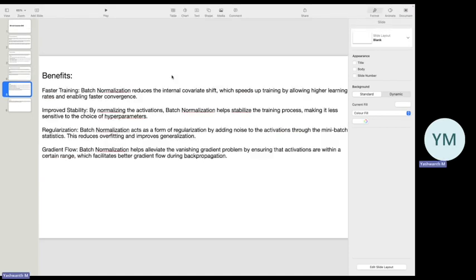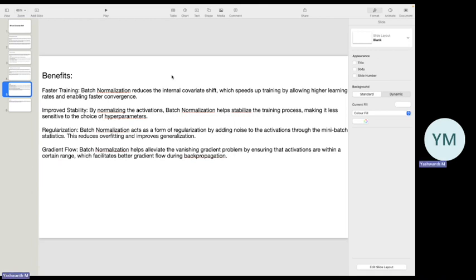What are the benefits of using batch normalization? It was essentially introduced to address the internal covariate shift, which is the changing of the distribution of the activations across the middle layers of the network.